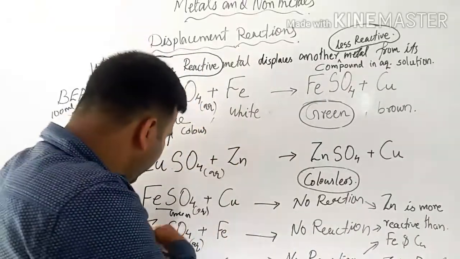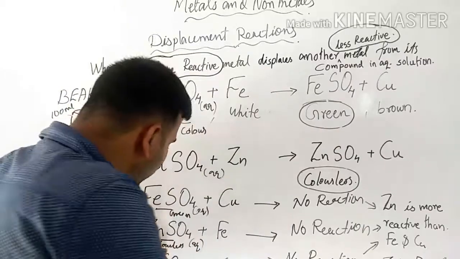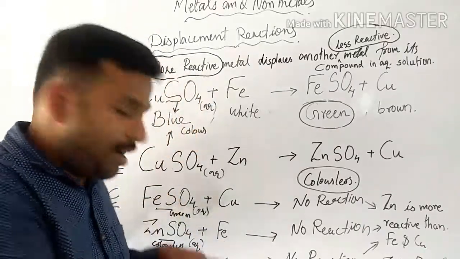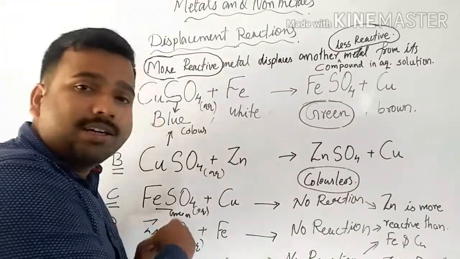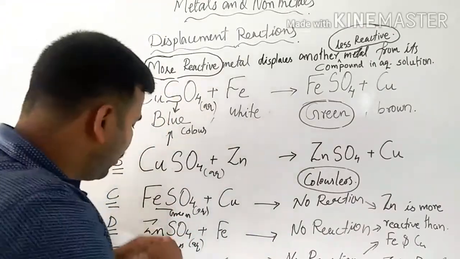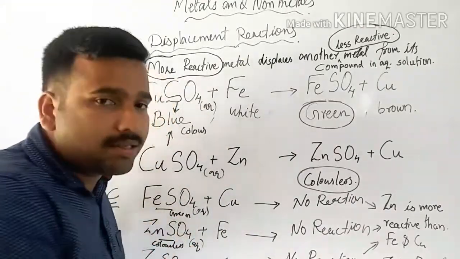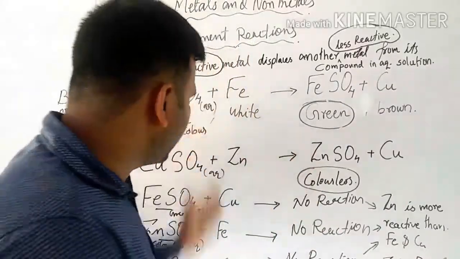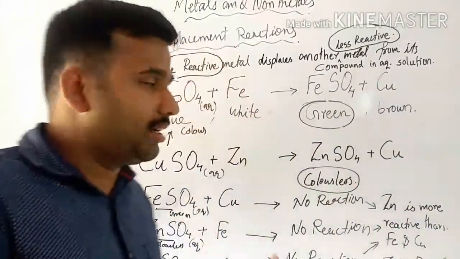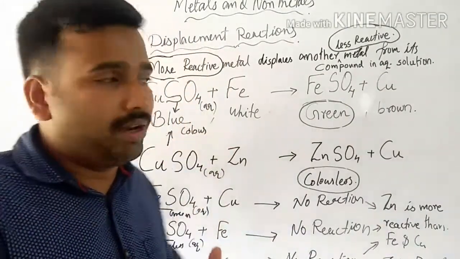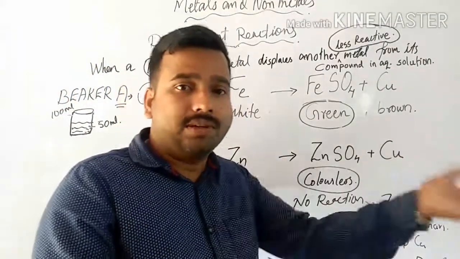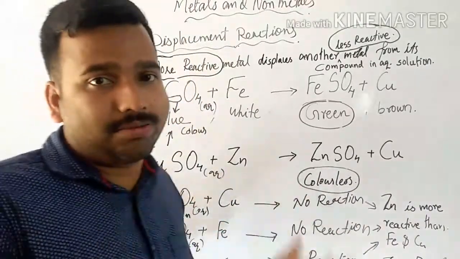Similarly, in the case of zinc and iron, iron is less reactive than zinc. So iron cannot displace zinc from its aqueous salt solution. Certain metals are more reactive and certain metals are less reactive. In the case of sodium, if we expose it even to the atmosphere, it will catch fire.